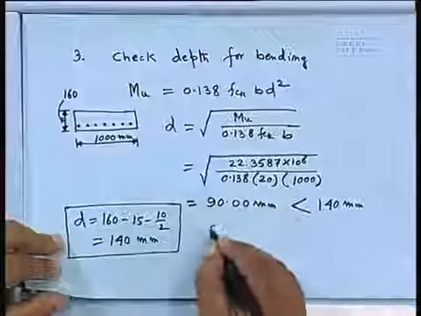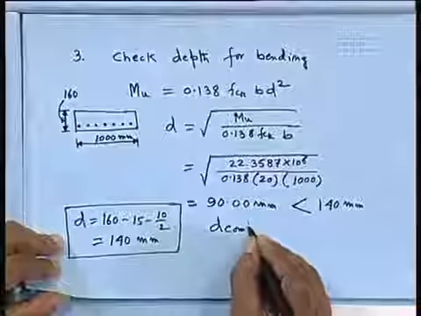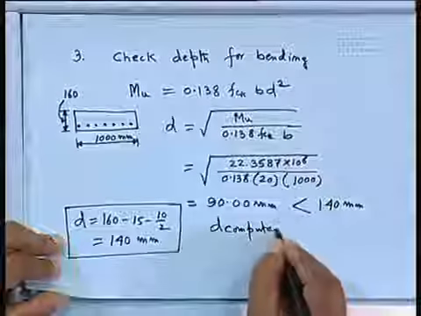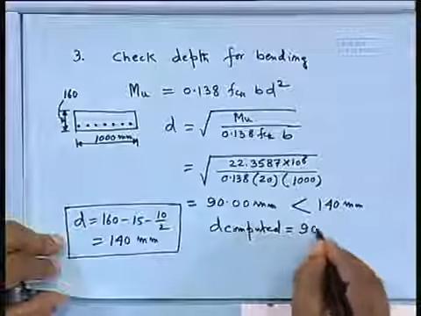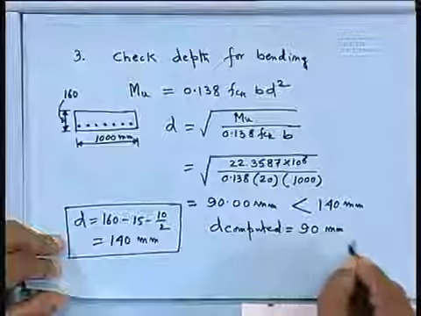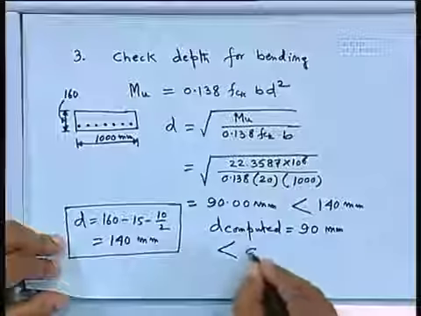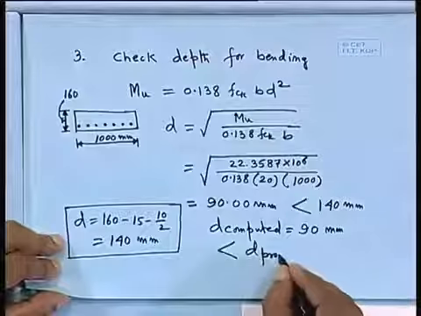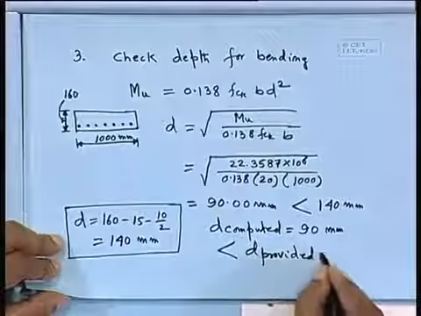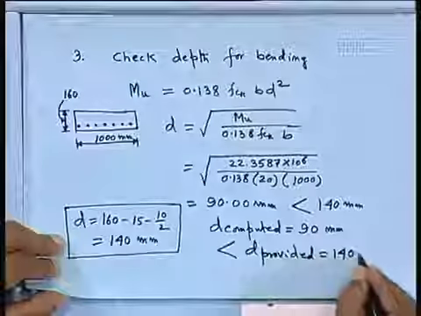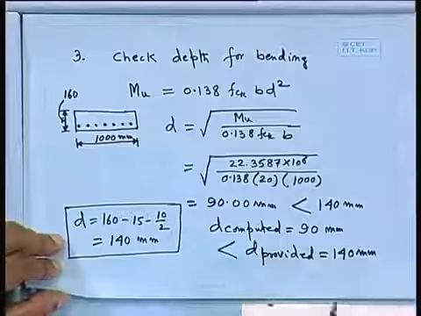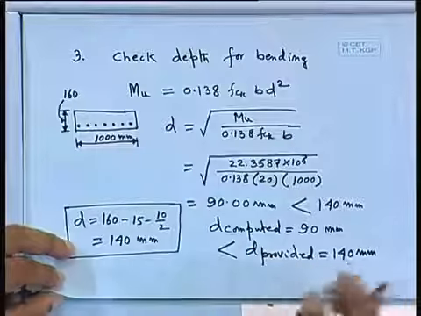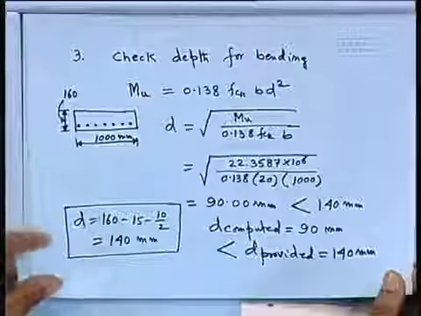To make it clear, d computed equal to 90 millimeter, less than d provided equal to 140 millimeter. It is quite high of course, but we shall come back again. So, this check is all right, but not economic.